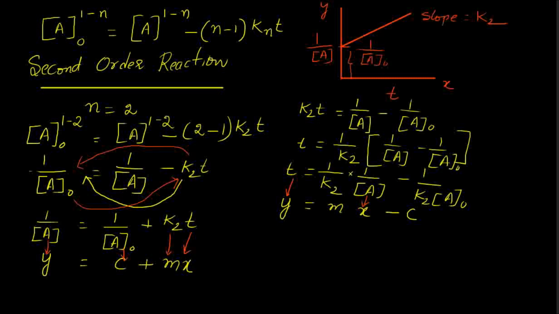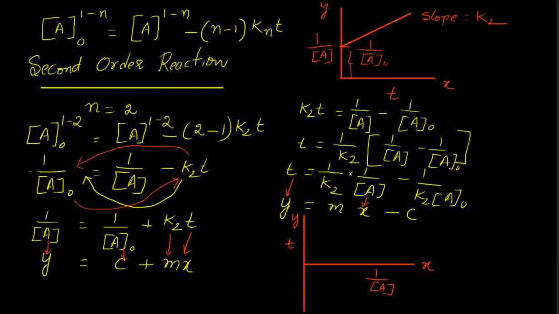Okay, so the graph: this is the y-axis, the time, and on x-axis 1 by a. So this is the slope 1 by k2 and negative intercept.